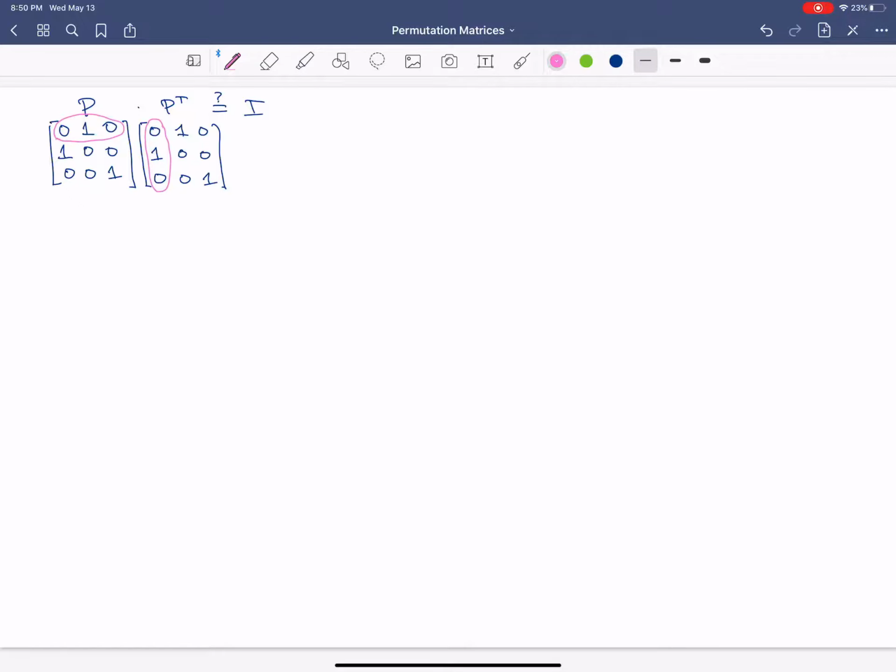So this makes sense. Even though P equals P transpose, what is important is that the place where I have a 1 in the first row of P is the same spot where I have a 1 in the first column of P transpose. So when I take that product, I will get a 1.